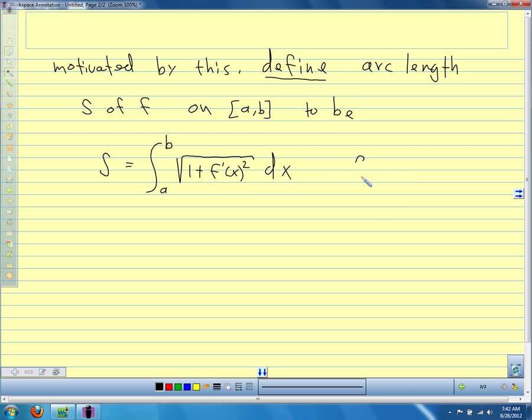And we need f to be smooth and continuous. And this quantity should be familiar. This is something that you have seen before for how we find the arc length. But I just wanted to go through that derivation to show our motivation for this definition.